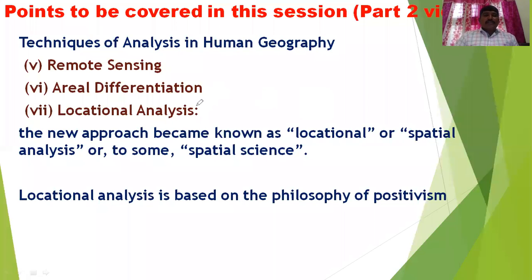Another technique of analysis in human geography is locational analysis. In human geography, the new approach became known as locational or spatial analysis, or to some, spatial science. It focused on spatial organization, and its key concepts were embedded in the functional region, the tributary area of a major node, whether a port, a market town, or a city shopping center.